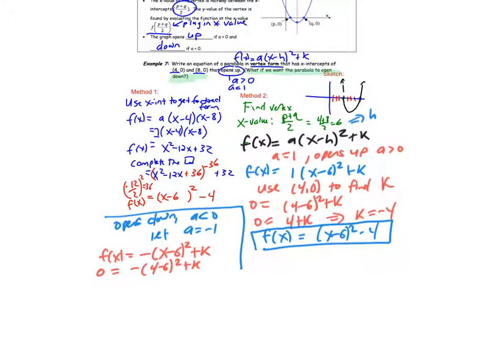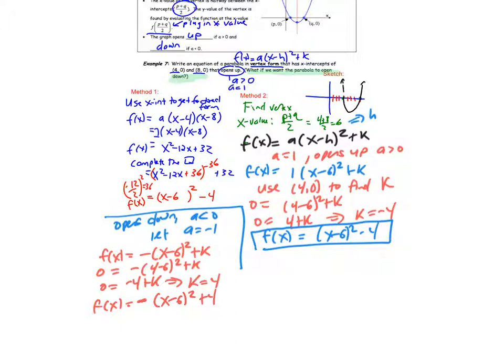And then we're going to have that 0 is equal to -4 + k. So k is equal to positive 4. And so our function that opens down is going to be f(x) = -(x - 6)^2 + 4.